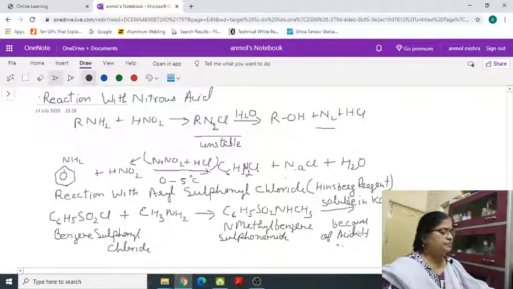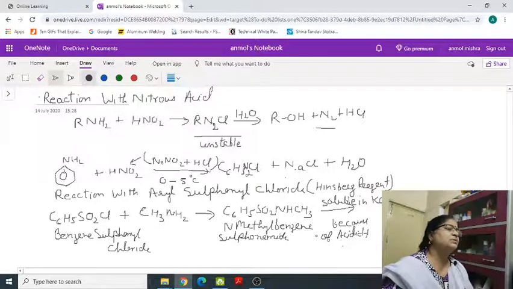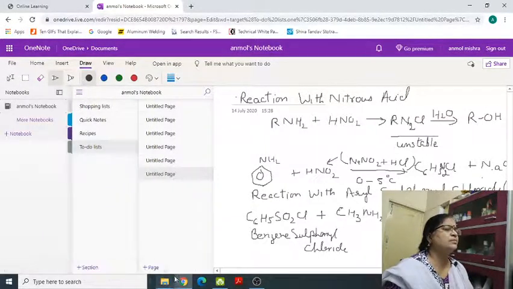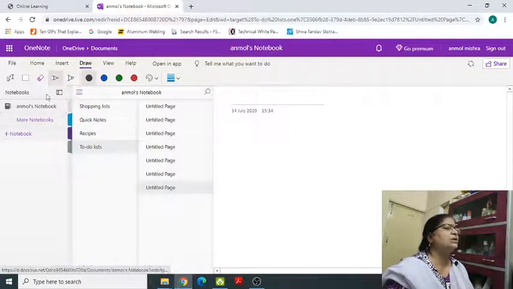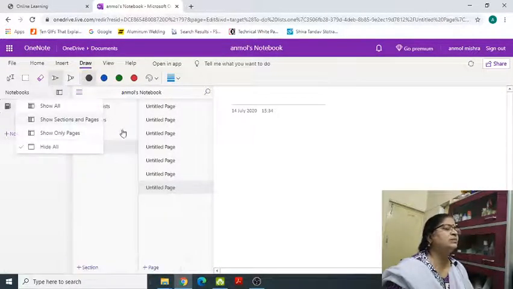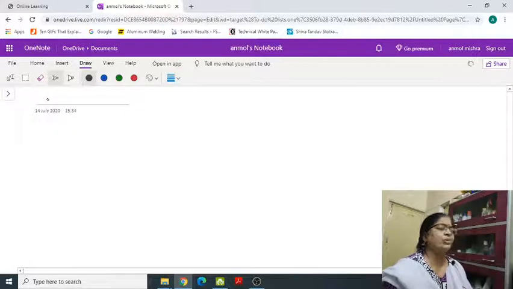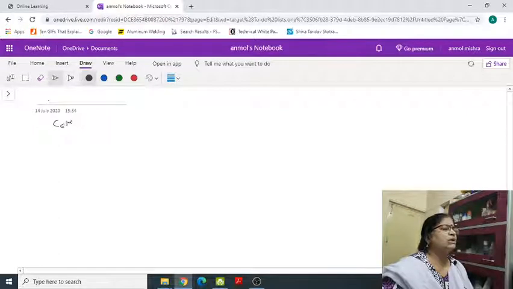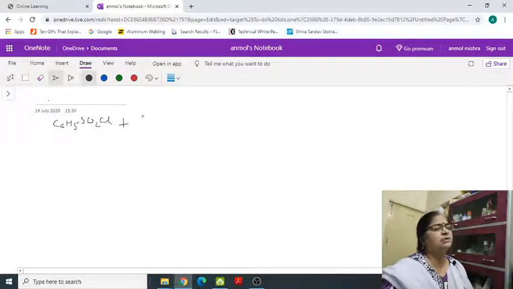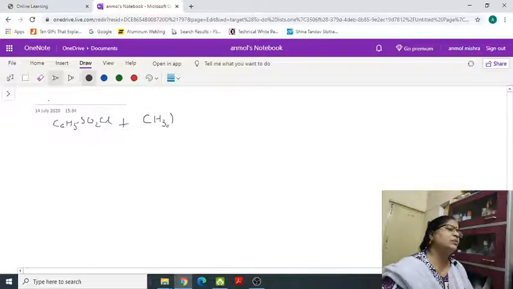Benzene sulfonyl chloride also reacts with a secondary amine, that is (CH3)2NH.